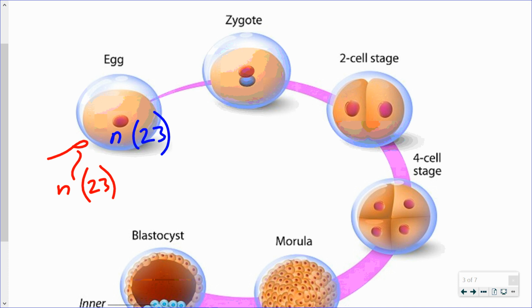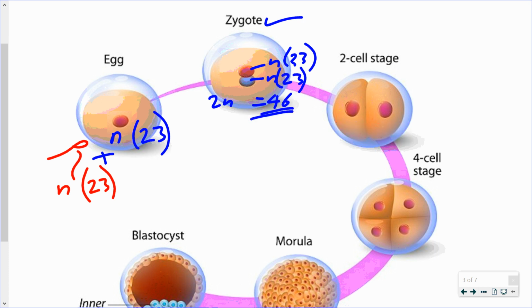So it's these two that we're adding together when we're forming the zygote. So we have the haploid number here, the haploid number here, 23 from one parent, 23 from another parent, and that gives us the diploid number, which is the 46 chromosomes, which we typically do have in all adult human cells.